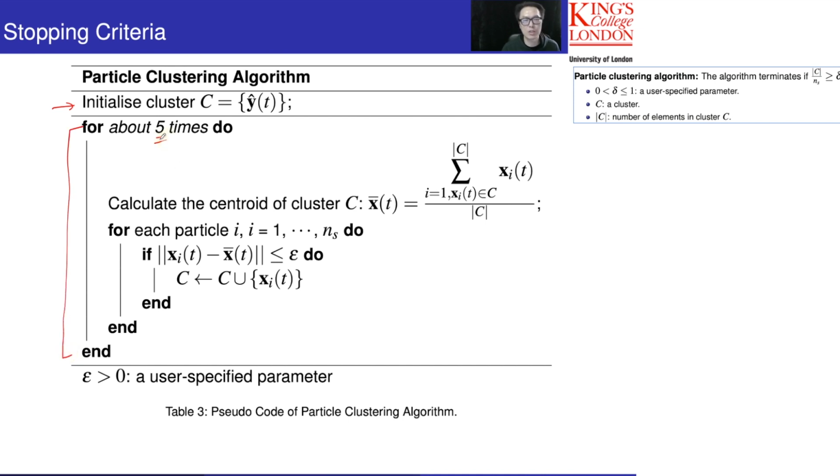Why 5 times, and not wait for the algorithm to converge? Because we would like to save computational power. If we wait until the algorithm stops, don't forget that we are going to run this algorithm for each iteration.